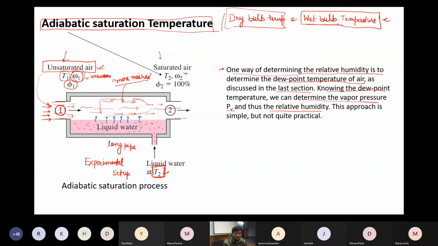Basically we are inducing moisture into this running air that was initially unsaturated.